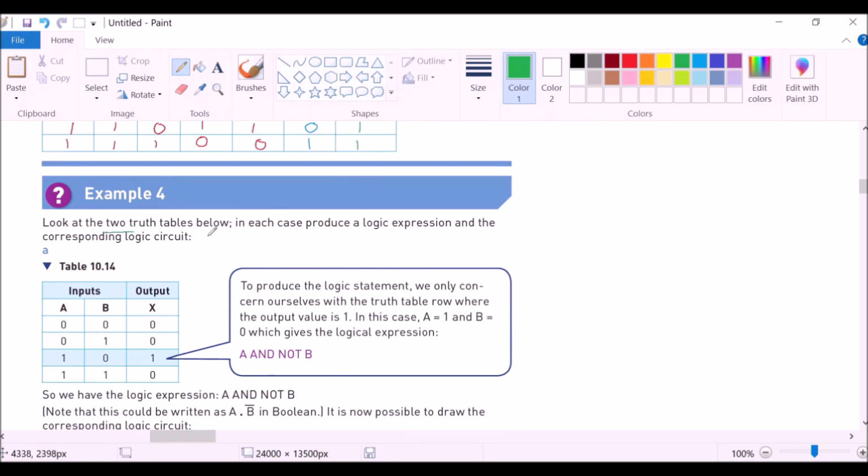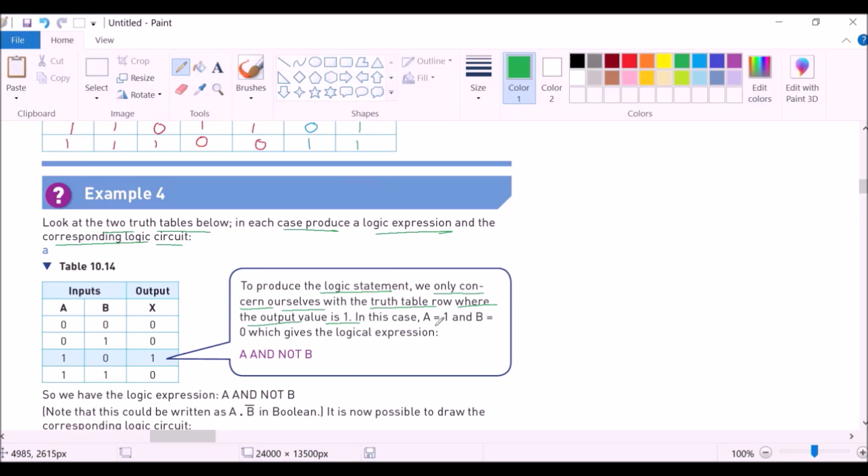Look at the two truth tables below. In each case, produce a logic expression and the corresponding logic circuit. So to produce the logic statement, we only concern ourselves with the truth table row where the output value is 1.